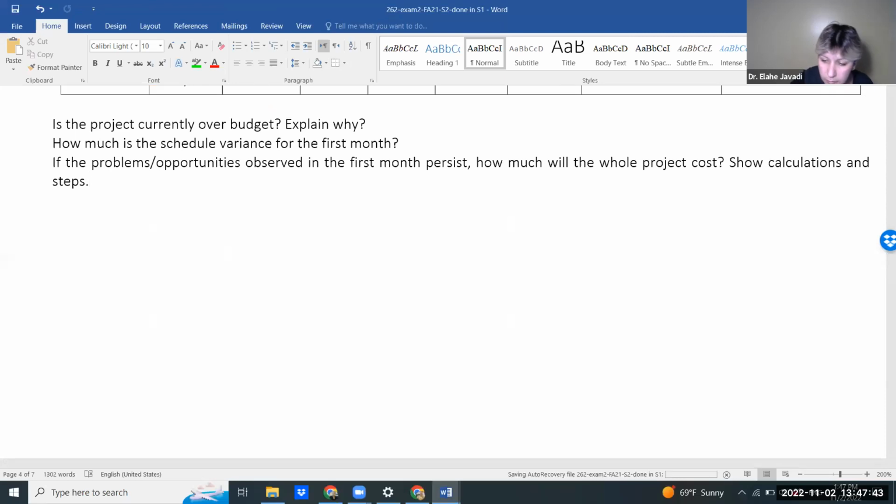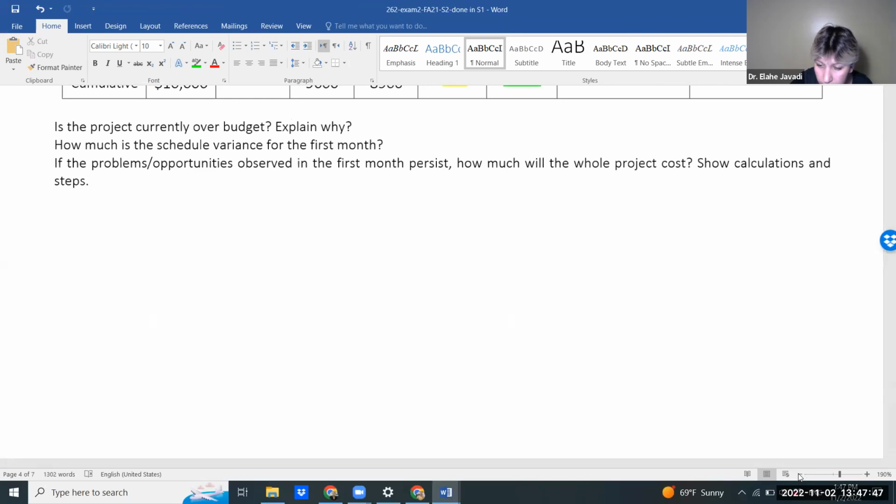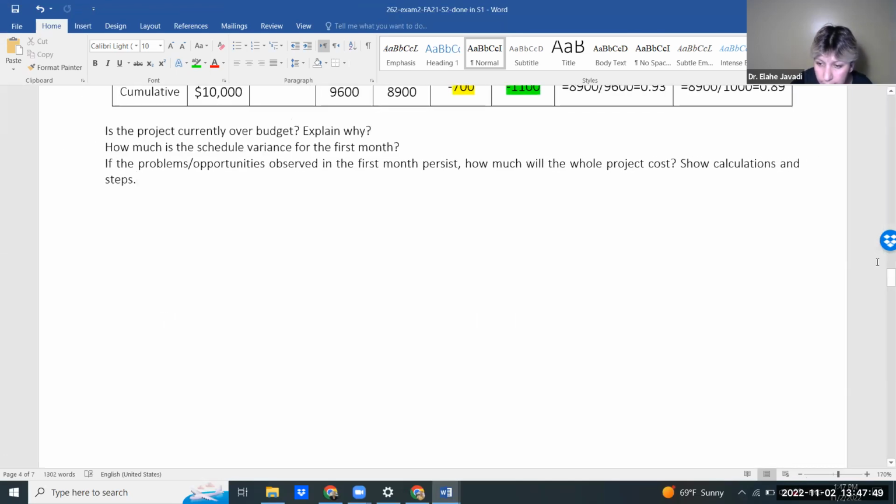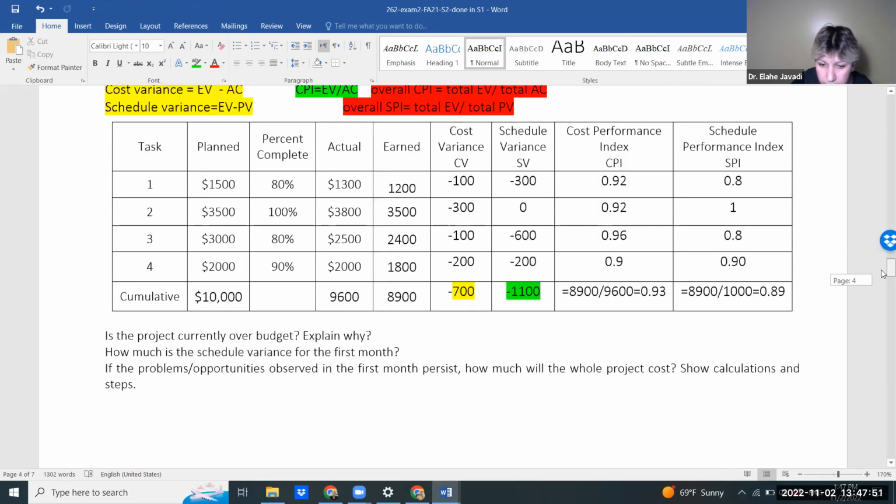I'm going to make this a little bit smaller. And if you need to leave right at 150, I'll be okay with that, but I'm going to complete that. So when they say it persists, it means that you're going to use the CPI that you just calculated. If they say they disappear, it means that you're going to use CPI at 1.